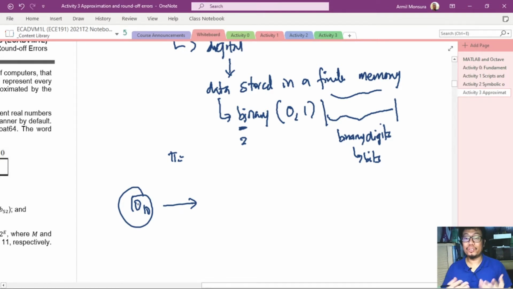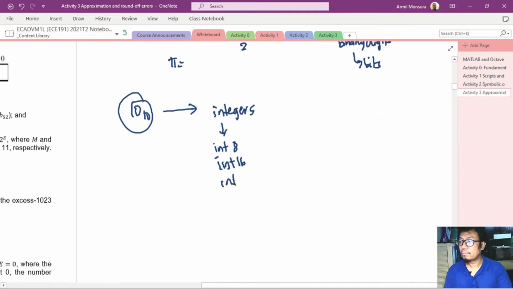And a computer can actually use different types of system. For example, computers can represent numbers in terms of integers. And these integers have different forms, like for example, int 8, int 16, int 32, int 64.